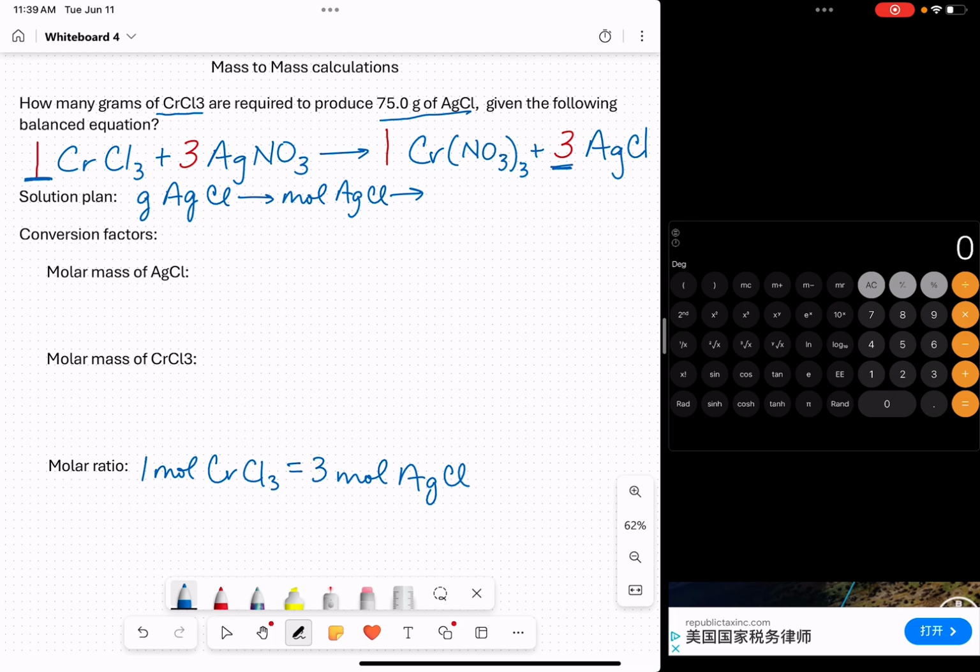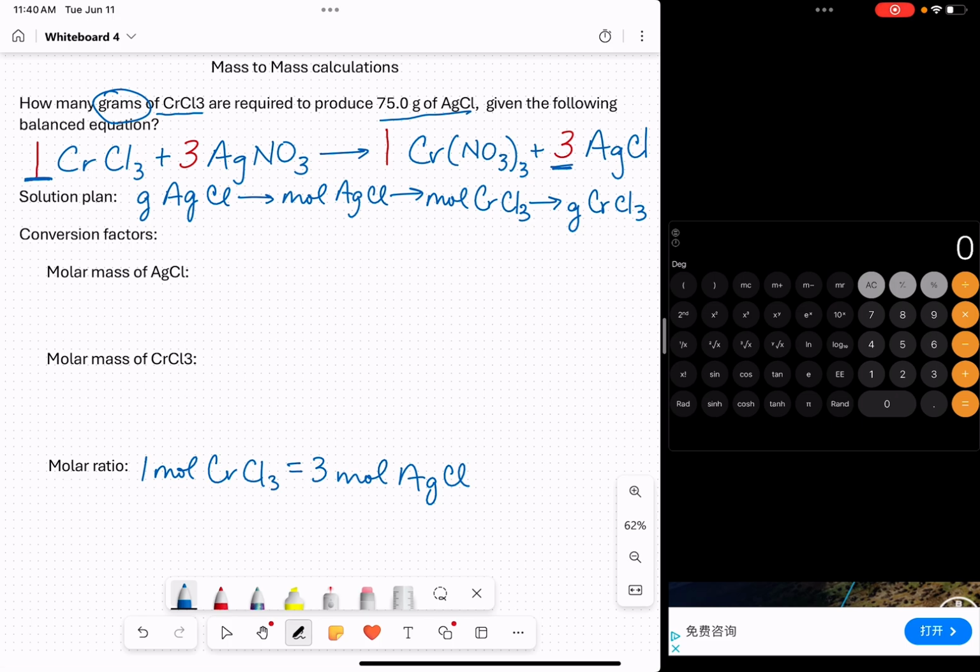Then we use the molar ratio to convert to the moles of the desired substance, which is the chromium 3 chloride. Then the final thing we need is grams, because it says grams in the question. So we're going to convert those moles to grams. So it's a 3-step situation.